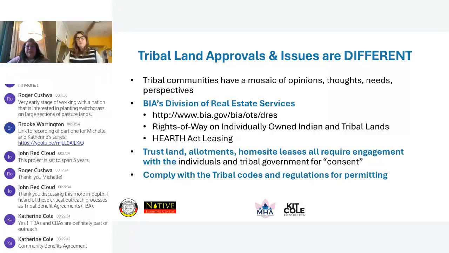And if they do have that authority, then of course you're preparing that for presentation or submission. It's very different if you are working with allotments, allottees, or home site leases, where you have to work with individuals that are on the land. So it's always important where you're siting and what type of land classification it is.